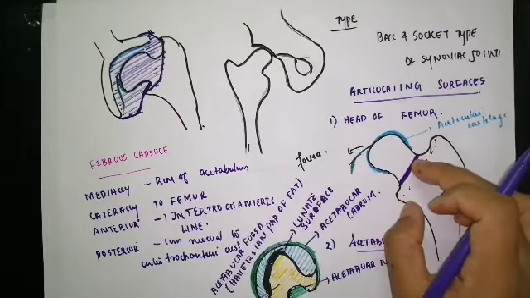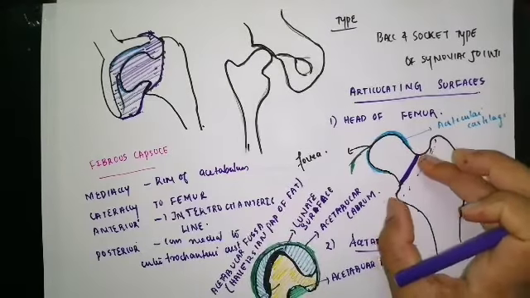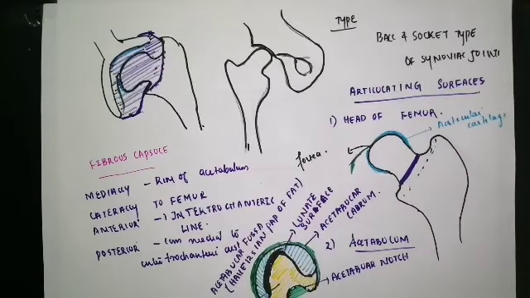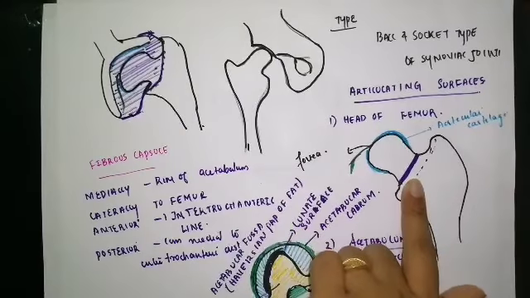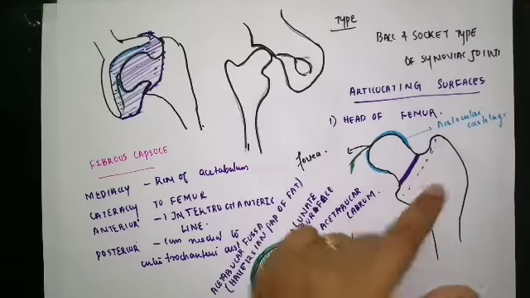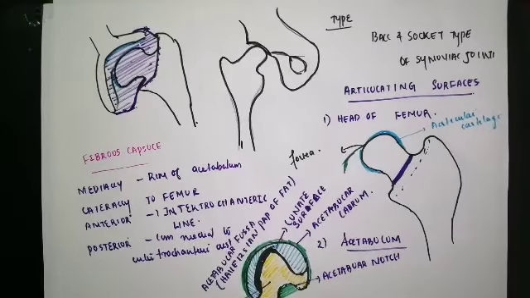That is, some part of the neck of the femur is not intracapsular, it is extracapsular. That is the significance. So on the anterior aspect, the entire neck of the femur is intracapsular, whereas on the posterior aspect, because of the capsular attachment like this, some part of the neck remains extracapsular.